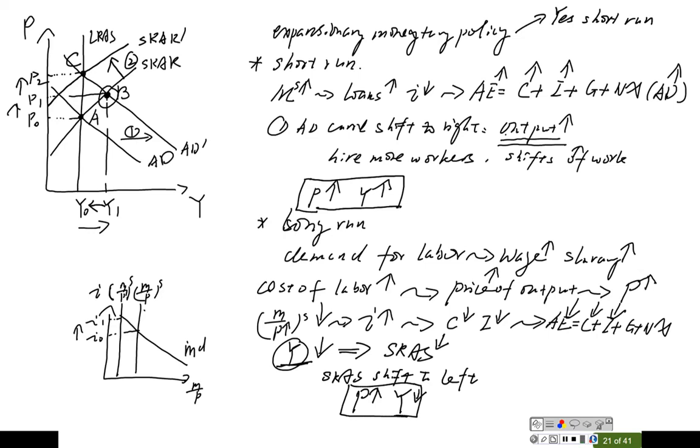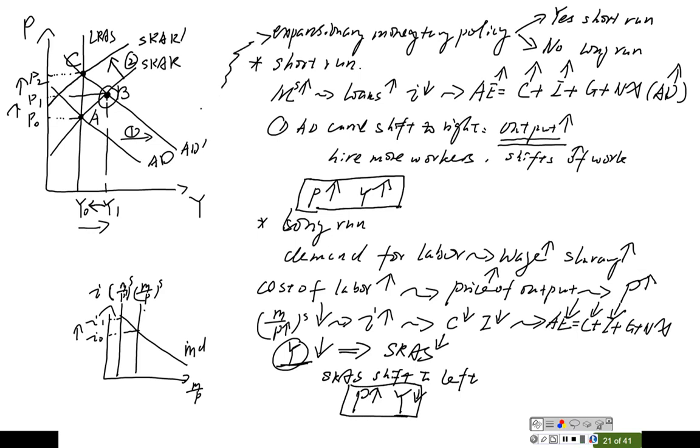But does expansionary monetary policy have an impact on output in the long run? We know the economy will move back from B to C, so the answer is no. Monetary policy has no impact on aggregate output in the long run.